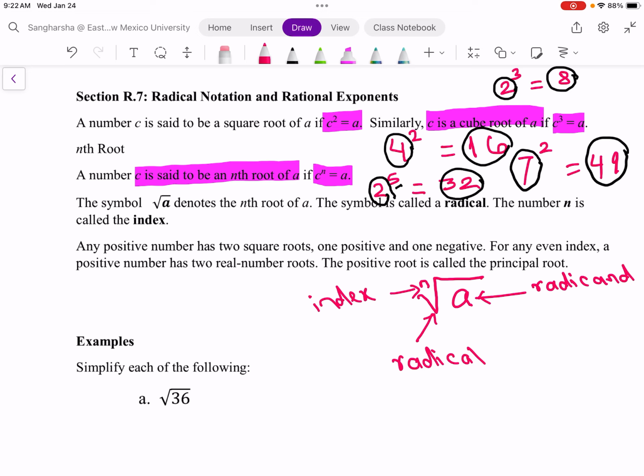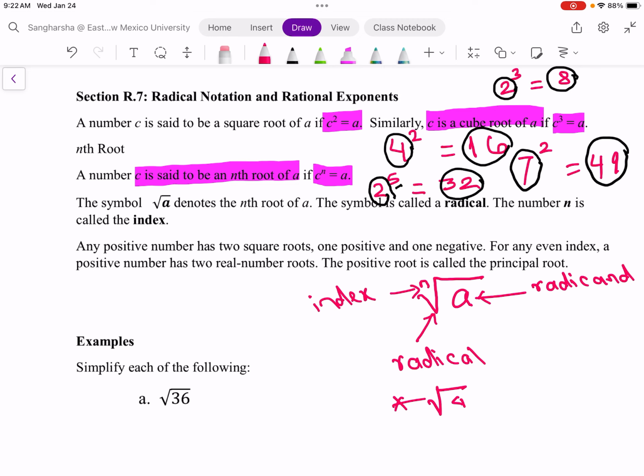If we are talking about the square root, let's take an example: the square root of 4. For this radical expression, we compare with our definition, the nth root of a, and the square root of 4. What do we have for n? We know this is a square root, and the square root has the index 2.